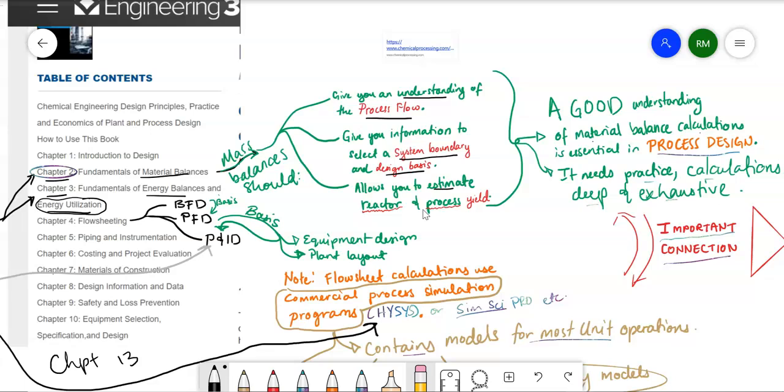This one doesn't apply to your present heat exchanger because it's not a reactor, but you need to understand how much material goes in and comes out of a process to understand if it's economic to do it or not. This part I will cover after I cover the others.